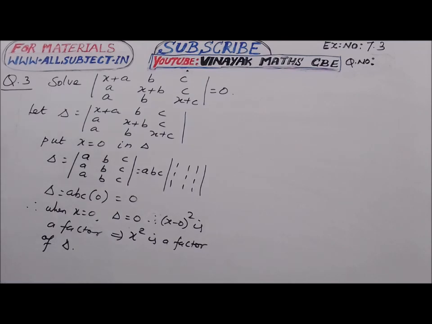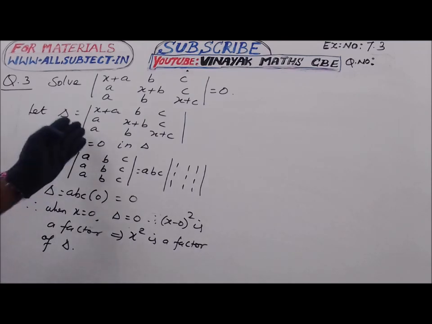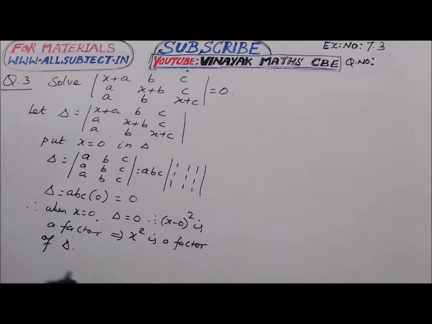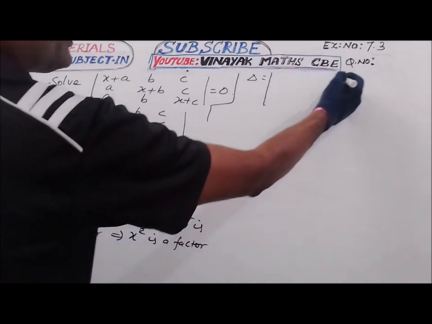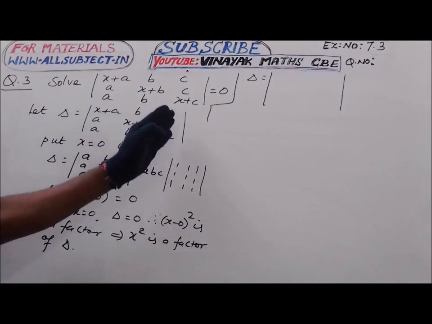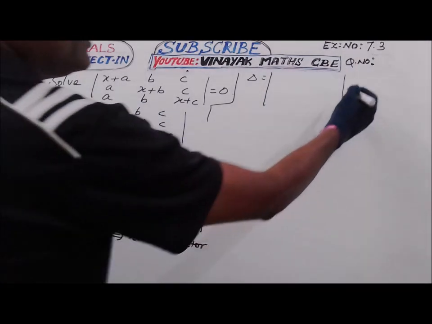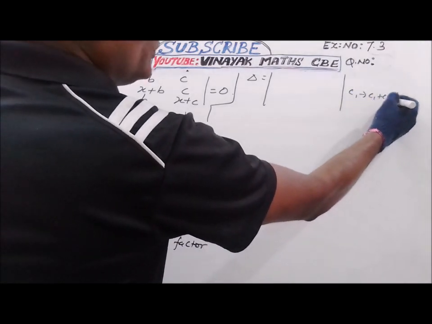Now, again look here. I am going to simplify this determinant. Delta equals, I am adding all the columns and substituting in column 1, that is C1 goes to C1 plus C2 plus C3.